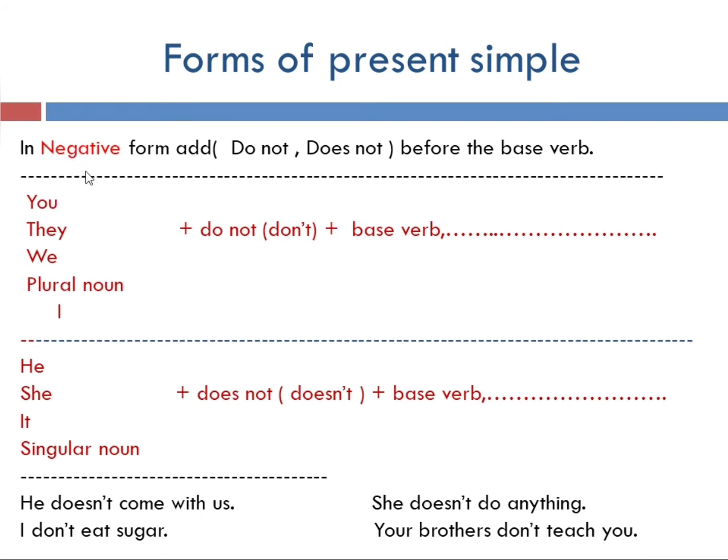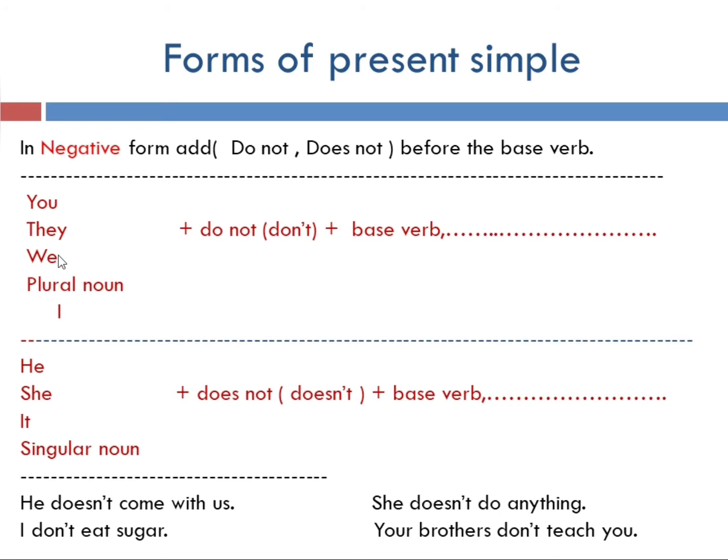In positive form, we say, for example, the subject, then directly a verb, and if we have he, she, it, or a singular noun, we just add s to our verb. But if we want to say it in negative form, we will add one of these. So it changes by the subject. In negative form, add do not or does not before the base verb.